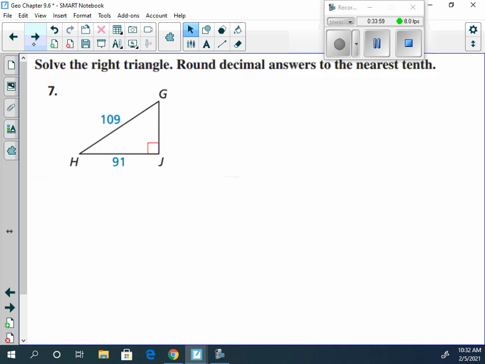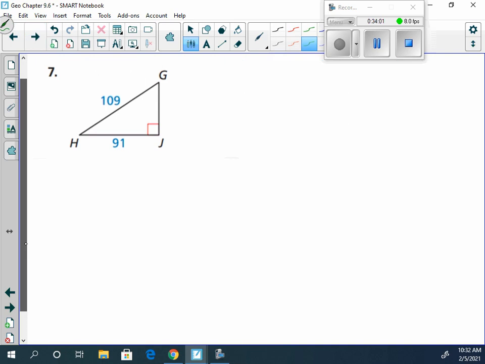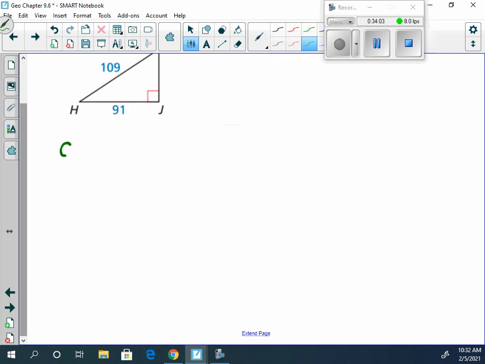Okay, so how can I find the other side length? Well, I think you all already know. Pythagorean theorem, yes? So how would I plug it in this time?